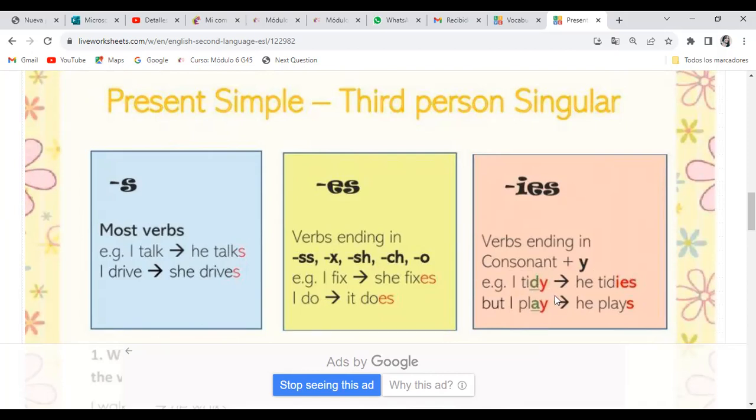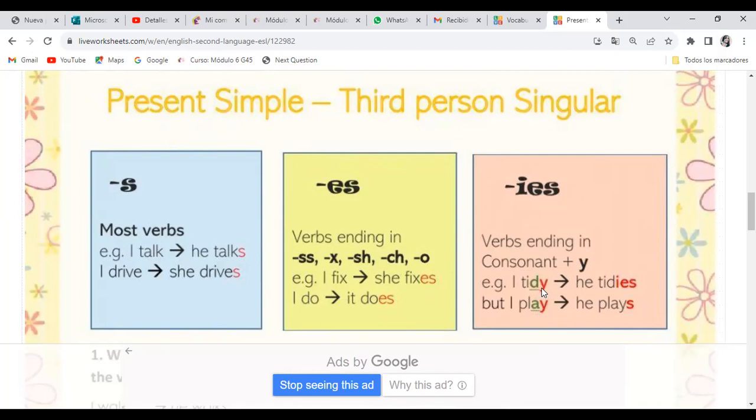If it is the case, when we conjugate the verb in the third person of singular, we just omit the Y, change it for I, and add ES. For example, he tidies. But what happens with the verb play? It ends with Y, but before Y there is a vowel, that is A. So if that is the case, guys, we don't do anything. We just add S, okay?